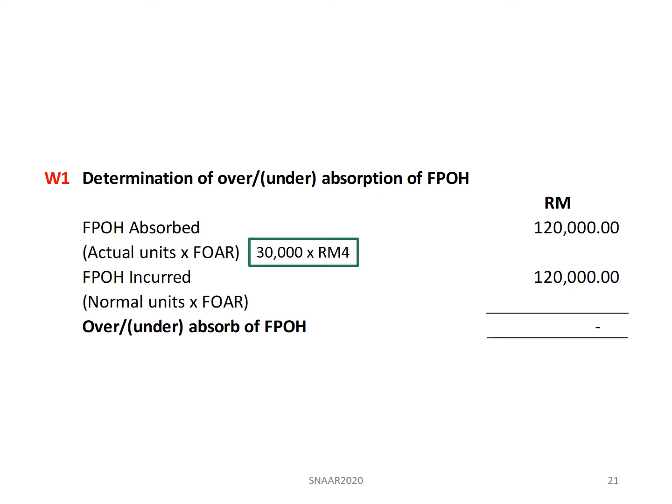Here, 30,000 darab dengan 4 ringgit. And then, untuk FPOH incurred, normal units 30,000 juga. Kebetulan dia sama. Darab dengan FOAR. So, dapatlah 120. Tolak dengan 120, dapatlah kosong kat sini. So that's why lah dia punya over and under tu 0.